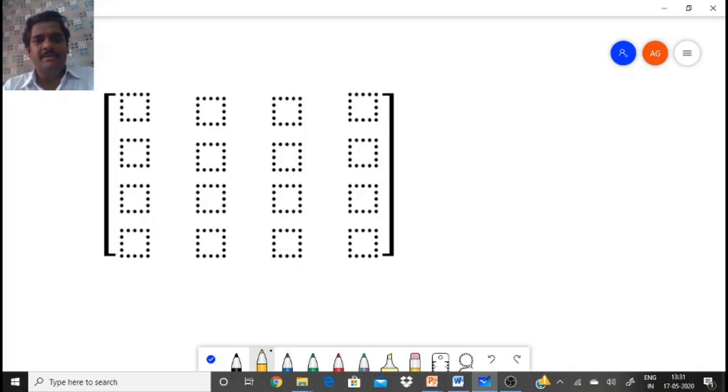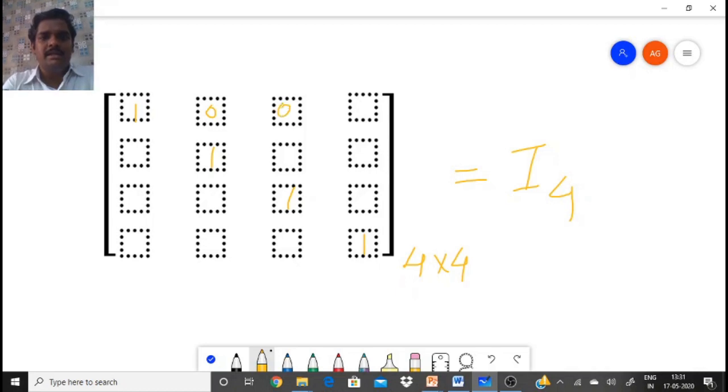So here I have a blank matrix of order 4 by 4 and I have to give an example of identity matrix of order 4 which is denoted by I4. What we have to do for that? We have to put diagonally 1. Diagonal elements are 1 and non-diagonal elements are 0.